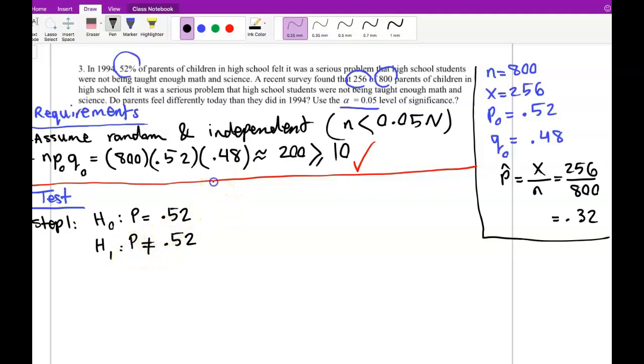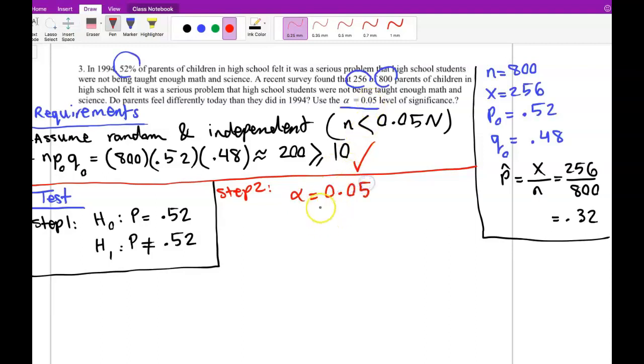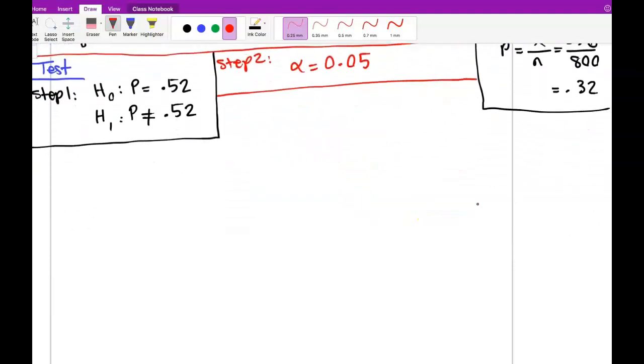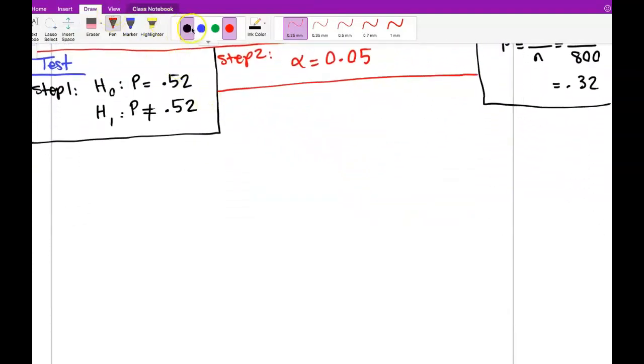Now step 2. What alpha is, given as 5%. Then step 3.